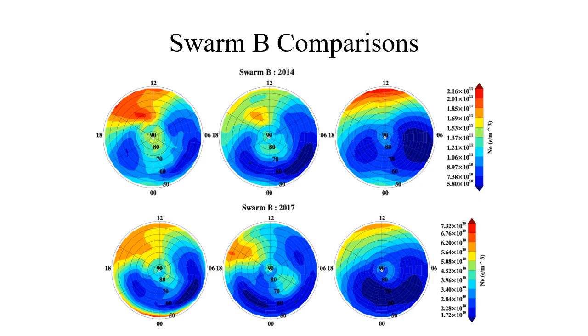And you can see qualitatively Eshame captures the structuring that we see in the Swarm observations. But you do see that there is a tendency for us to underestimate electron density at subauroral latitudes or near the lower boundary of the model, which is consistent with the total electron content observations we saw before.